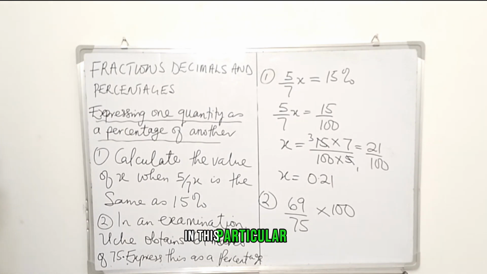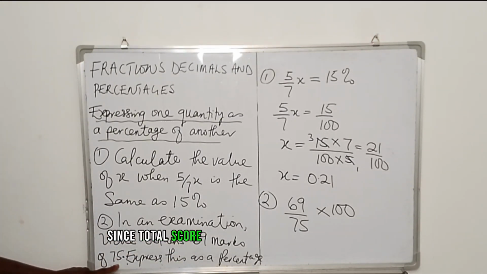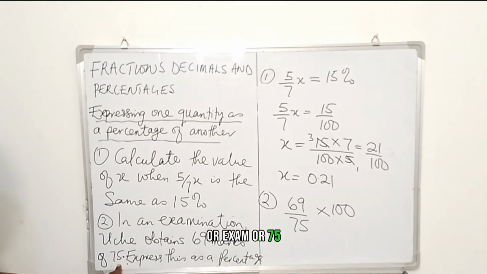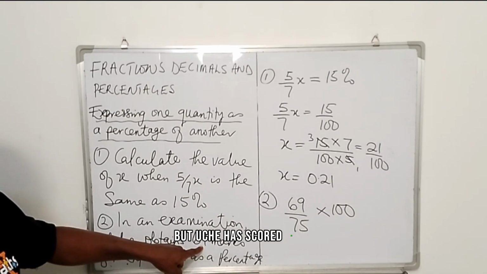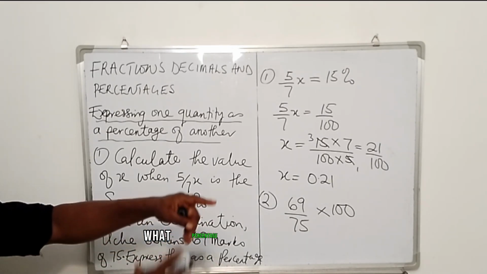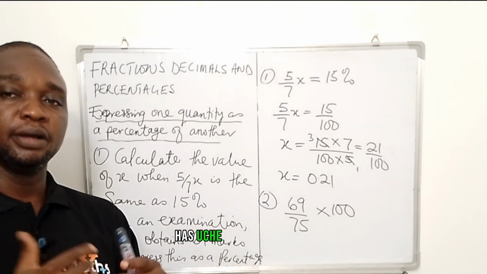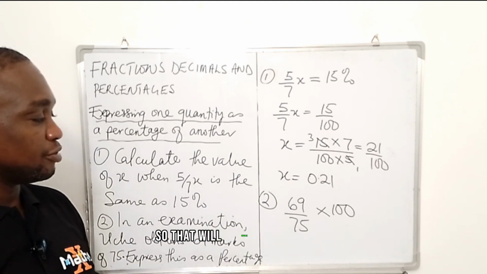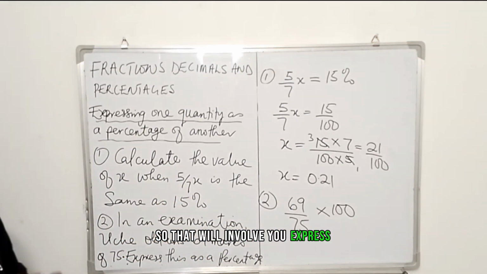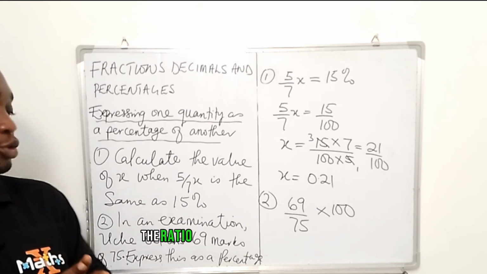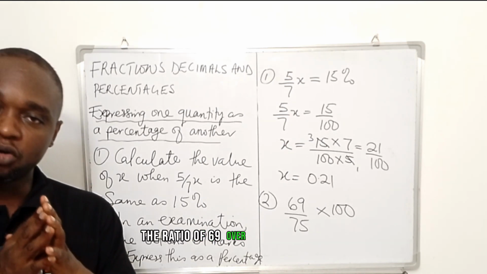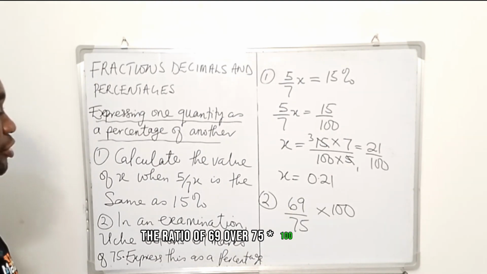Since the total score in that particular test or exam was 75, but Uche had scored 69, what percentage of the total score has Uche been able to get? So that will involve expressing the ratio of 69 over 75 times 100.